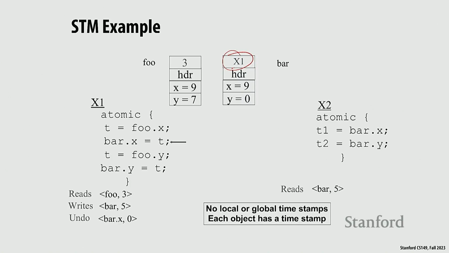Okay, now we need to indicate that in the transaction descriptor by updating the write set and the undo log, since this is an eager mode, right? So we have to have an undo log. So we put the old value of bar.x into the undo log, right?